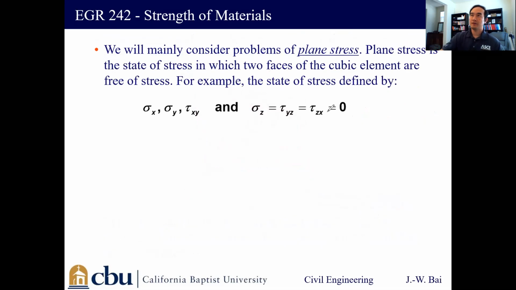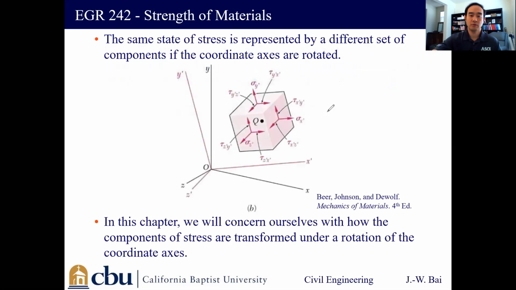And earlier I mentioned that this is a more generalized situation based on the 3 axes, x, y, z, or x prime, y prime, z prime, which is 3D, right? But in this class, we'll mainly consider the problems we call plane stress. Plane stress is the state of stress in which 2 faces of the cubic element are free of stress. So let me go back to this example here.